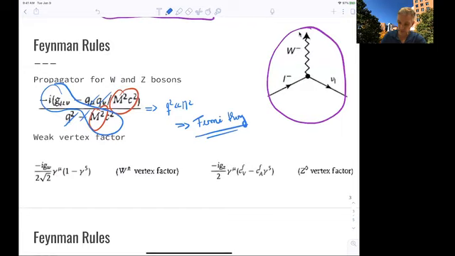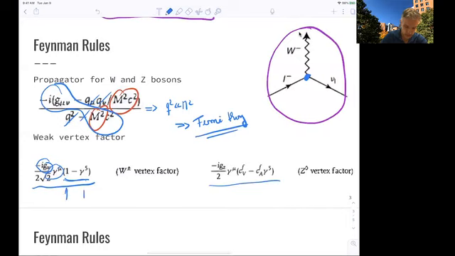The vertex vector itself, describing the vertex here, is given here for the W boson and also for the Z boson. And it looks a little bit more complicated than the vertex vectors we have seen so far. So what you note is that there is a parameter which is associated to the strength of the interaction, and the gamma matrix, but there's also this term here, which has two components.